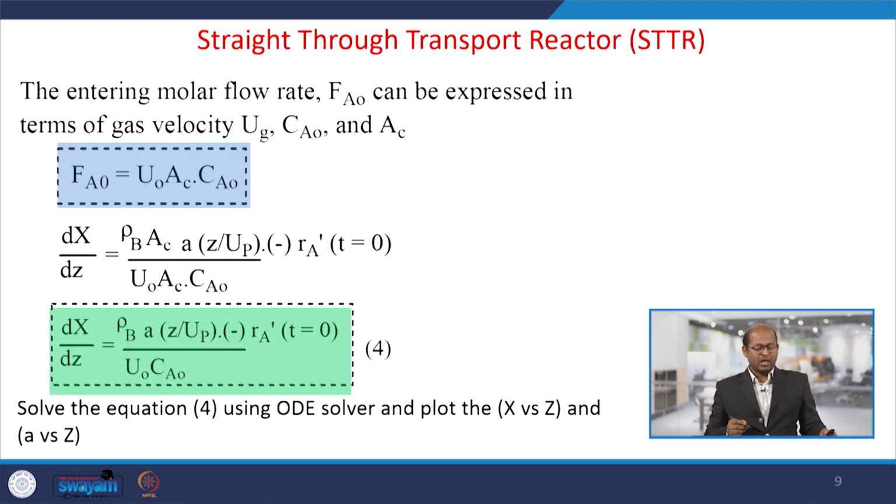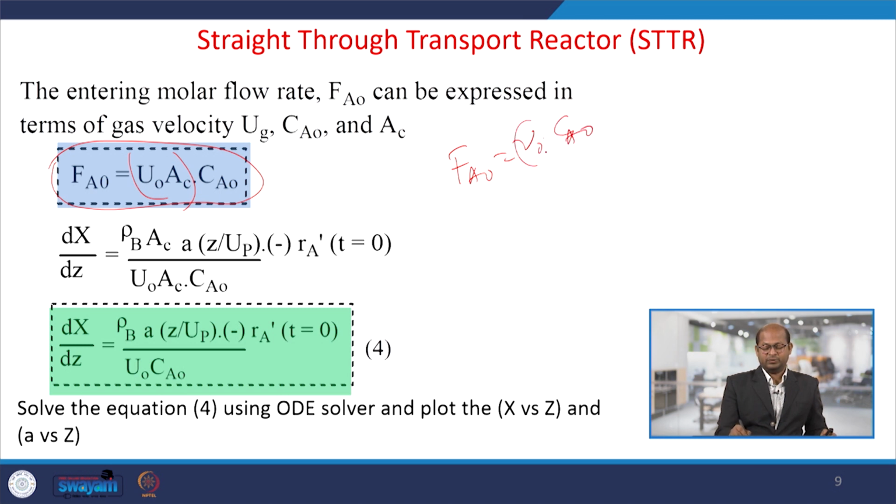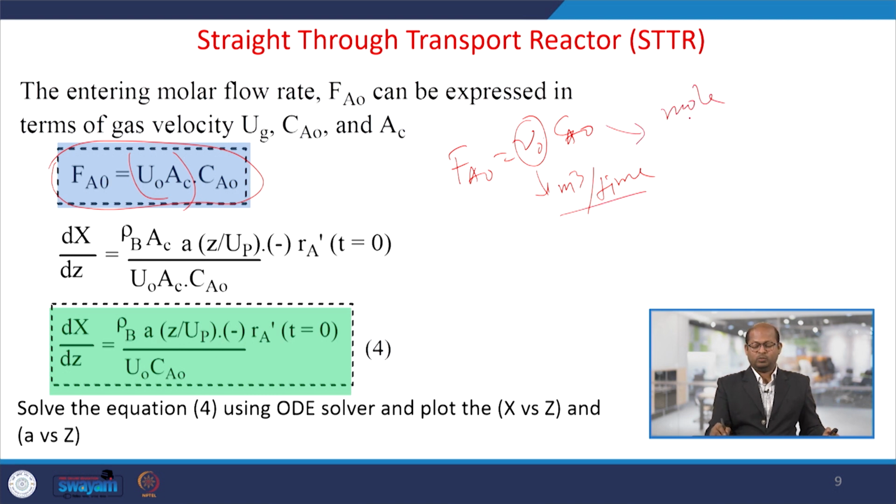Now we know the molar feed rate of component A, if we know the volumetric flow rate: F_A0 equals v_0 into C_A0. Here v_0 has units of meter cube per unit time, and the concentration has units of mole per meter cube. If we multiply these, it would be mole per unit time.